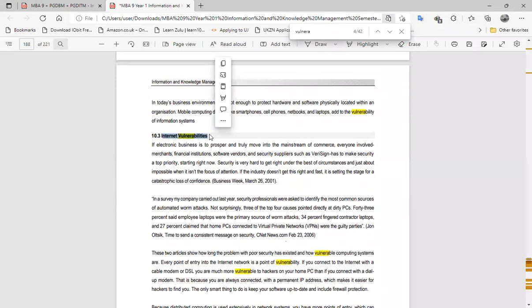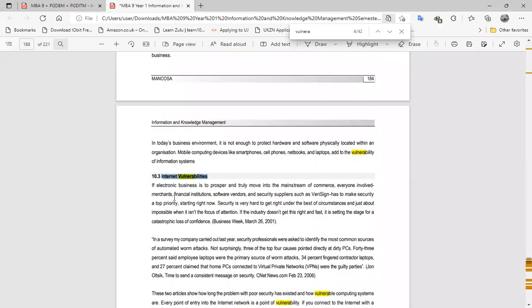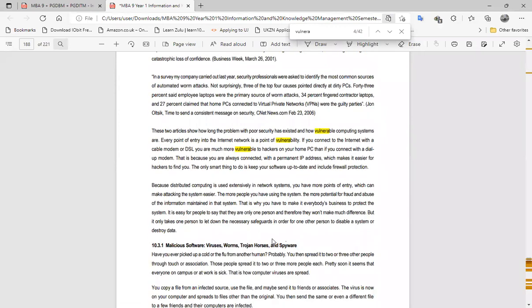Because this is interconnected, Internet of Things. So the first part is what we call malicious software. When we're talking about malicious software, we're talking about viruses, we're talking about worms, we're talking about Trojan horses, we're talking about spyware.